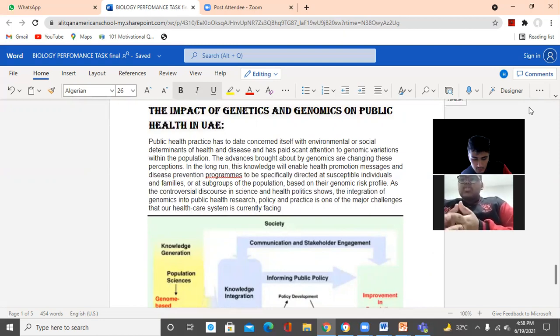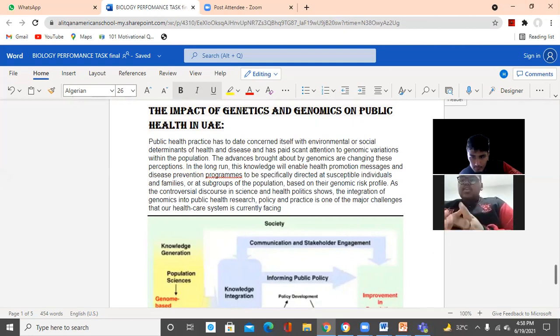In the long run, this knowledge will enable health promotion messages and disease prevention programs to be specifically directed at susceptible individuals and families, or at subgroups of the population based on their genomic risk profile, as the controversial discourse in science and health politics shows. The integration of genomics into public health research, policy, and practice is one of the major challenges that our healthcare system is currently facing.